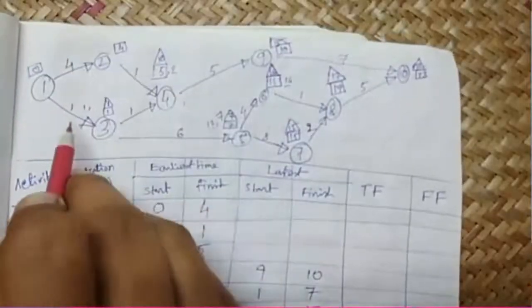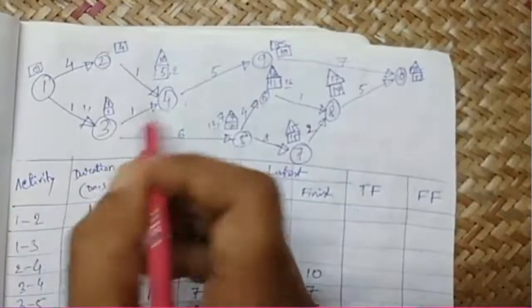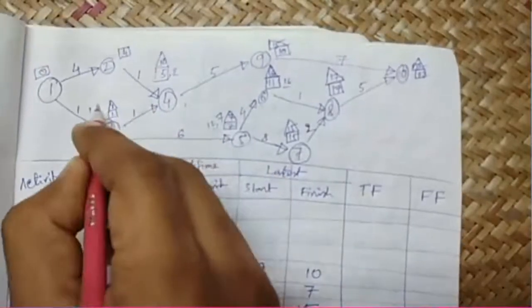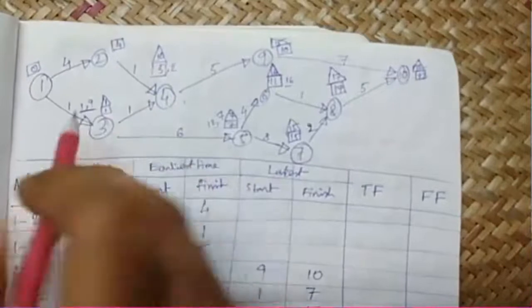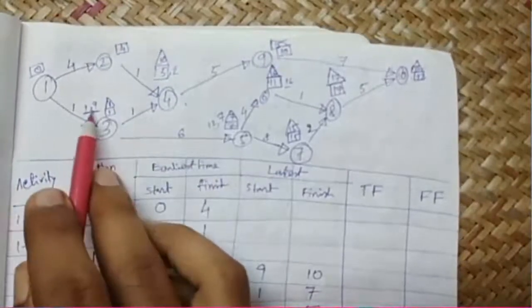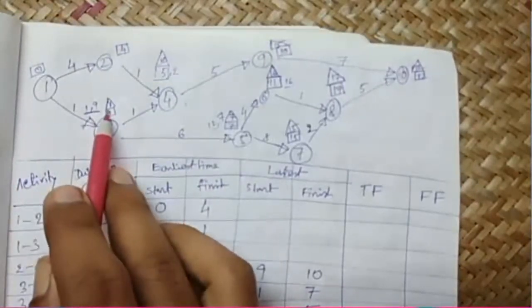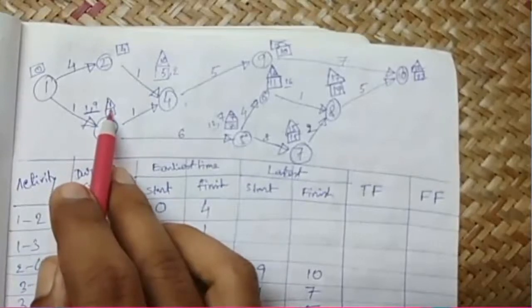So in 3 there were 2 arrows, 3 4 and 3 5. We have one option that was 1, and because of 3 4 there is another option, 9. Between these two values, 1 and 9, 1 is the minimum. That's why 1 is to be written on the triangle.